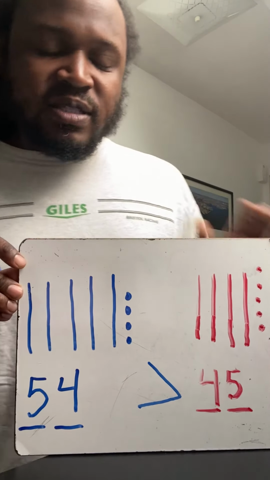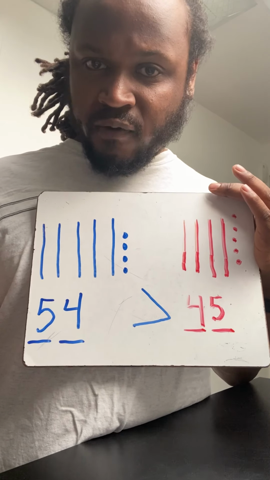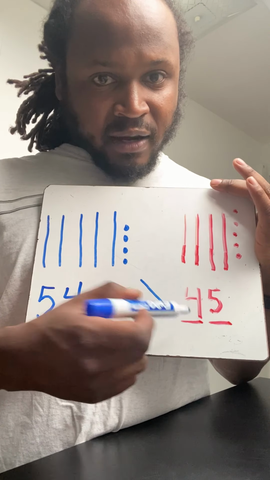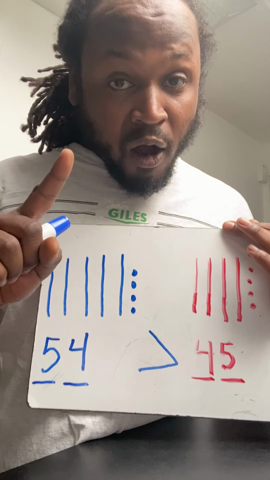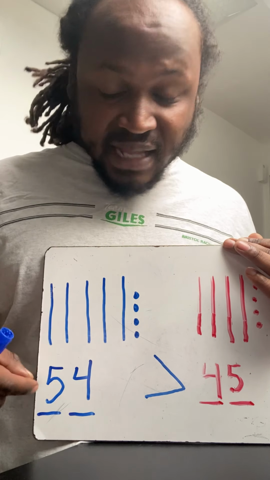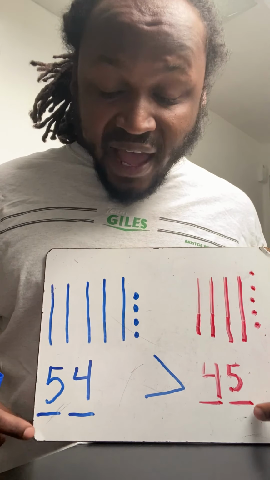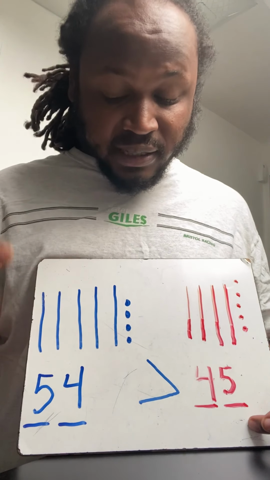I noticed these two numbers are really tricky because they both have a 5 and a 4. But what's important is where is the 5 and the 4? Okay? This is not the same number. Even though they both have the same two numbers in them, the numbers are in different places, right?